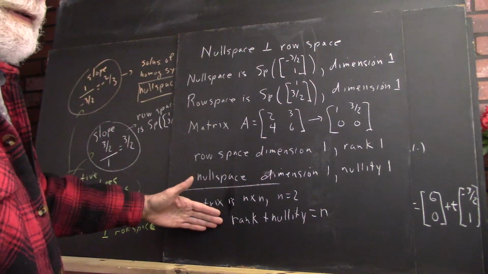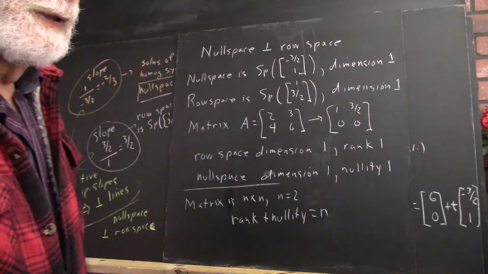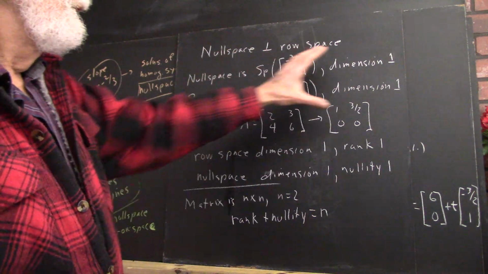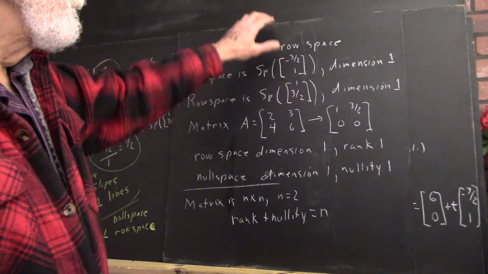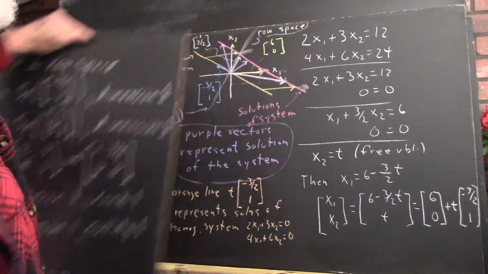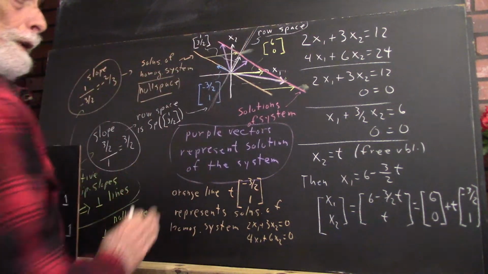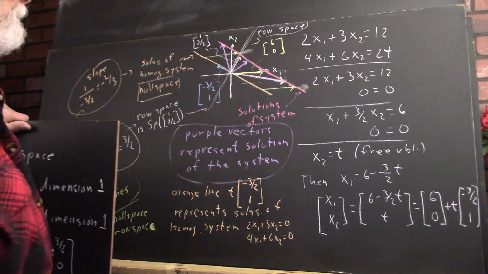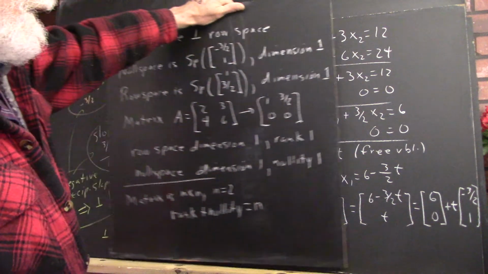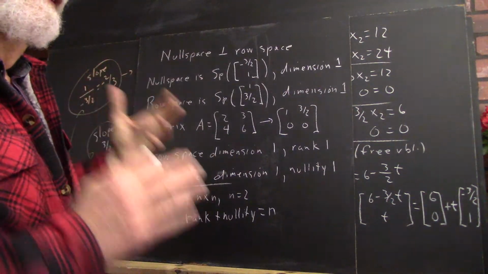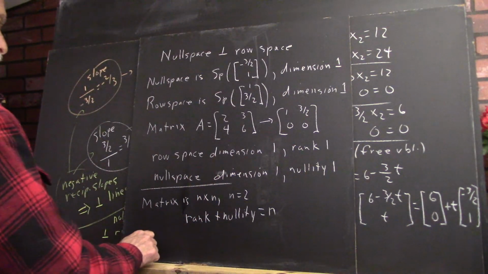All these come out of the reduced matrix. Everything that we say here comes out of the reduced matrix. The picture is the picture. Null space, row space perpendicular to the null space. This is always true.